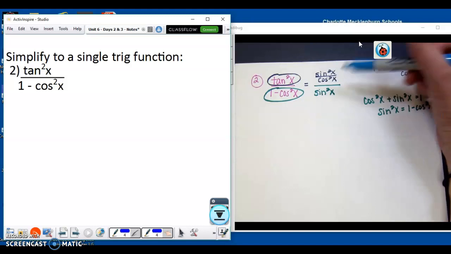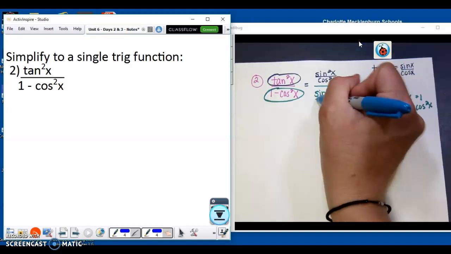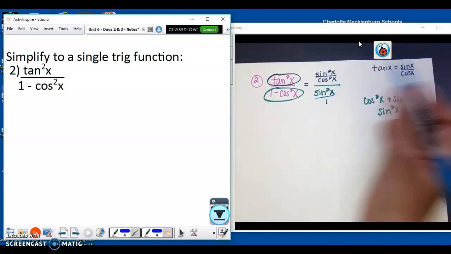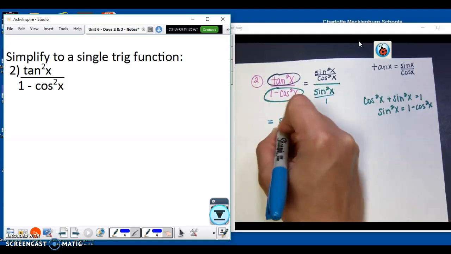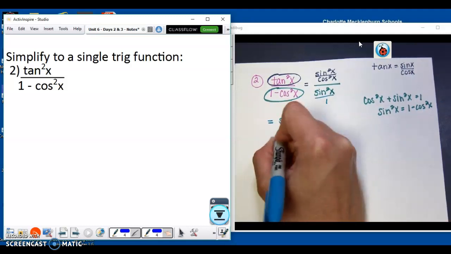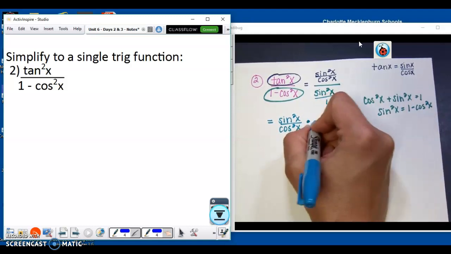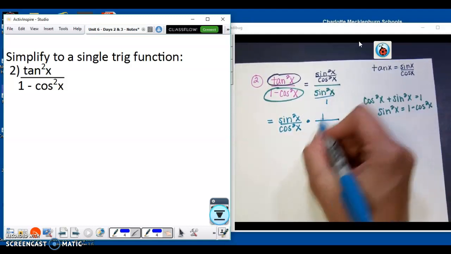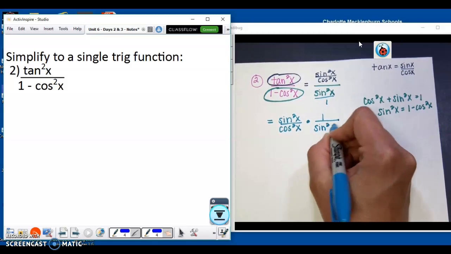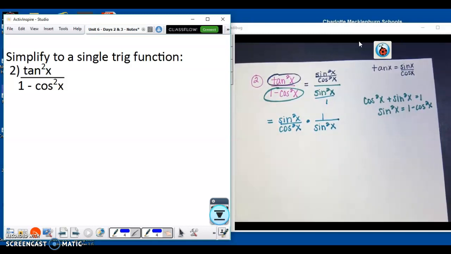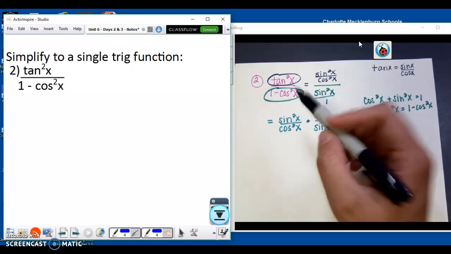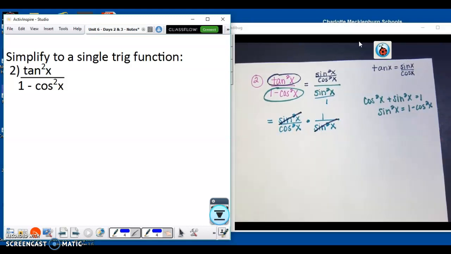Because I have a fraction divided by a fraction, we're going to do same, change, flip. I keep the first fraction the same, change it to multiplication, and flip the second fraction. Because sine squared is in the numerator and the denominator, we can cancel those out.